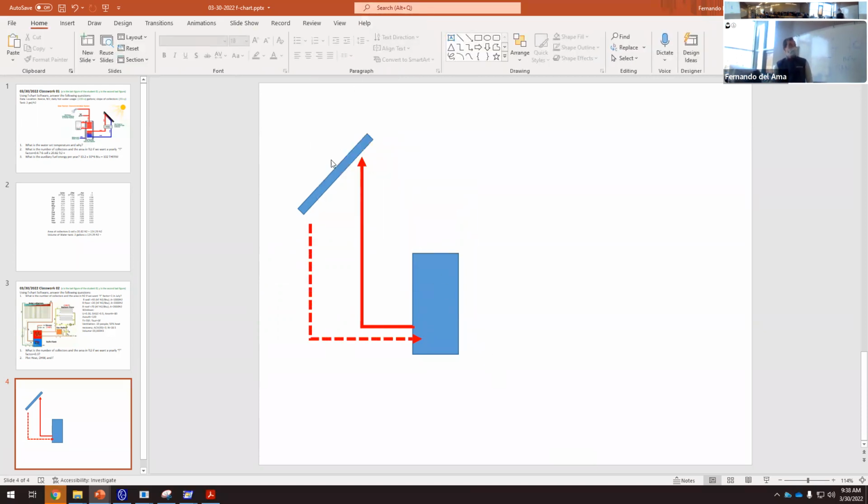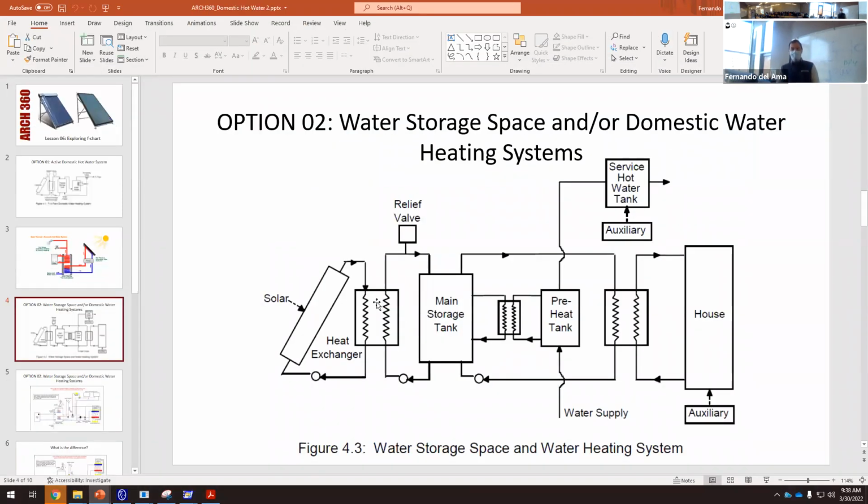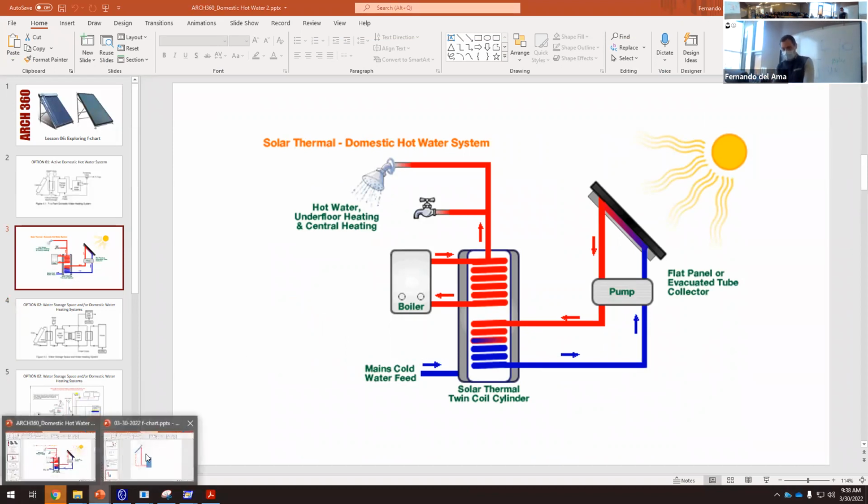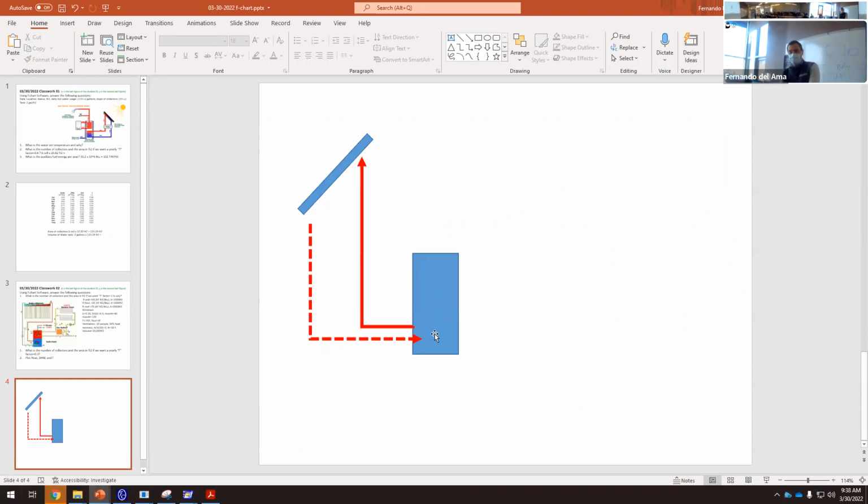Okay, so this is it. We have solar collectors and the water tank. So the solar collectors are connected to this water tank. The heat exchanger is here. The element that we have in the schematic view, the heat exchanger, is this element we have here. So it's within the tank. In our schematic view, the heat exchanger will be here within the tank.